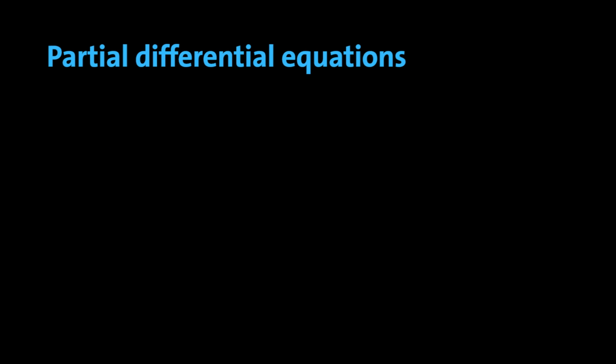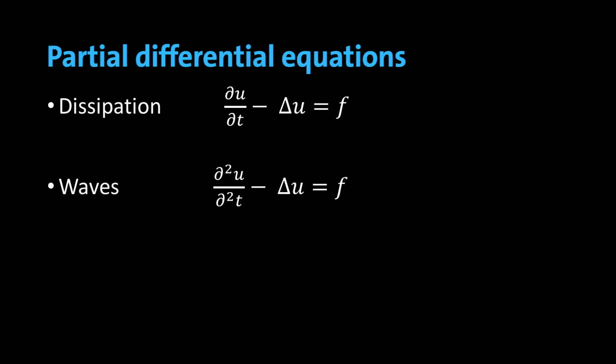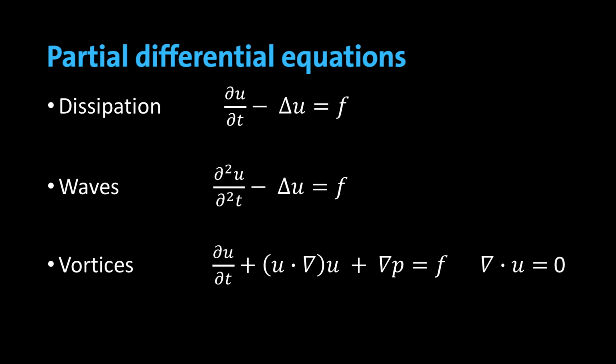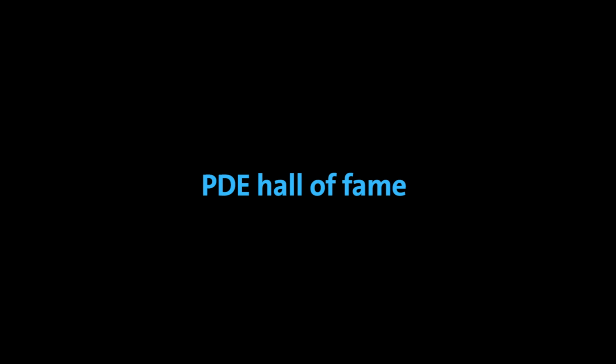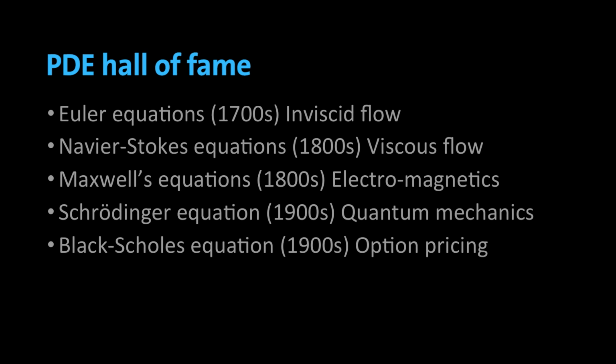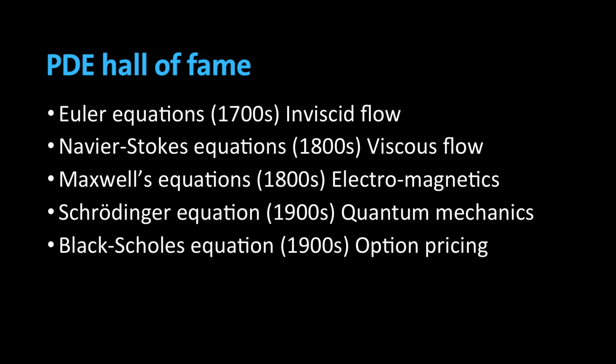Continuum models can be expressed as partial differential equations. Dissipation is described by the heat equation, waves by the wave equation, and vortices by the Euler equation. Some of the most famous partial differential equations also define scientific fields.